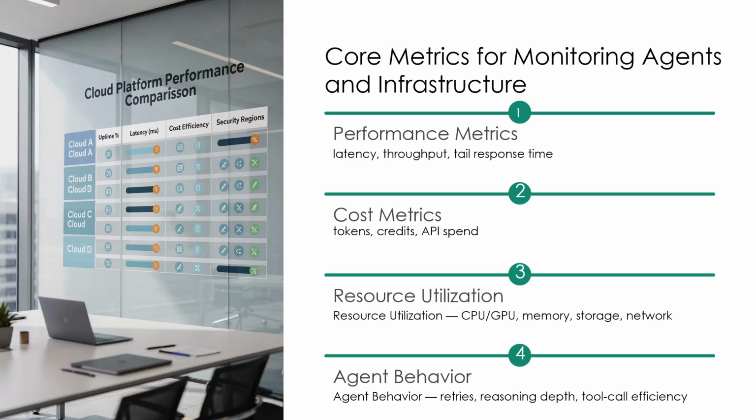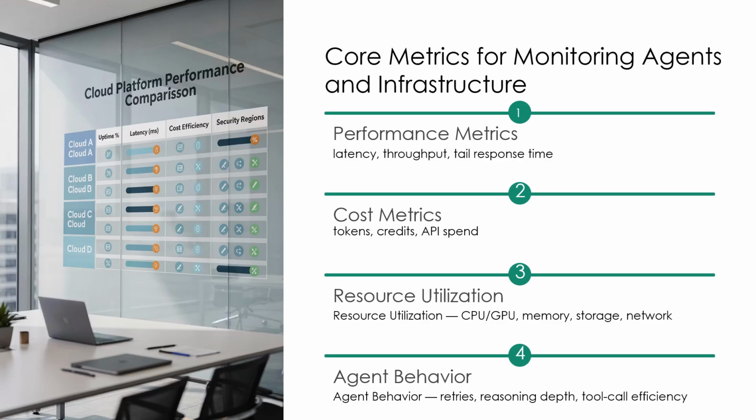Four categories of metrics are important for monitoring agents and agent infrastructure. First of all, performance, which includes latency, throughput, and tail response time. Then cost: tokens, credits, API spend.